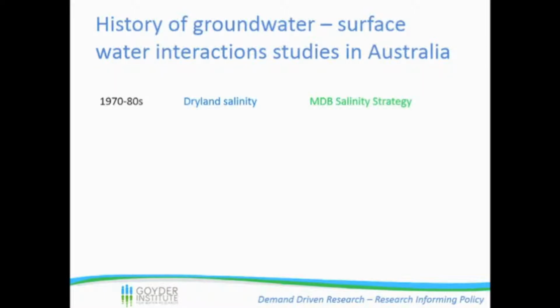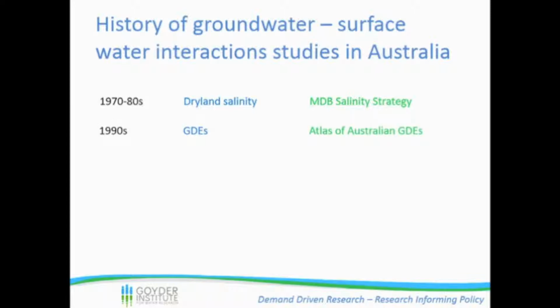In the 1970s and 80s, the big topic was dryland salinity. What happens when you remove native vegetation from the landscape in semi-arid regions, increase recharge rates, and change the extent of shallow water table in the landscape. So the legacy of this work is still with us today through initiatives such as the Murray-Darling Basin Salinity Strategy.